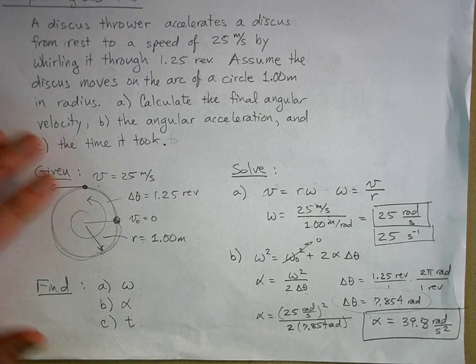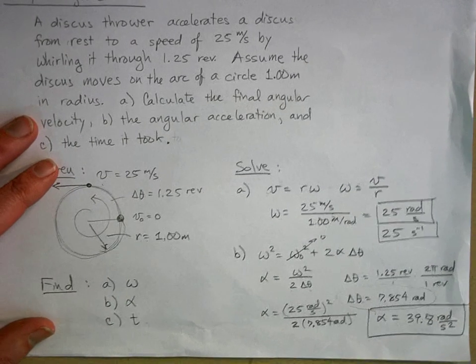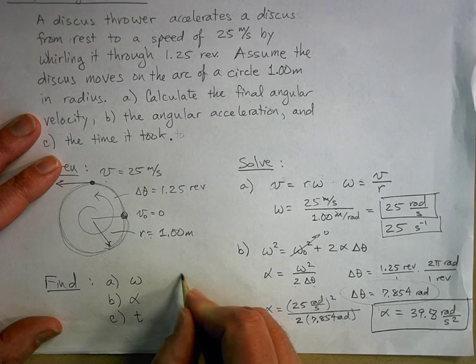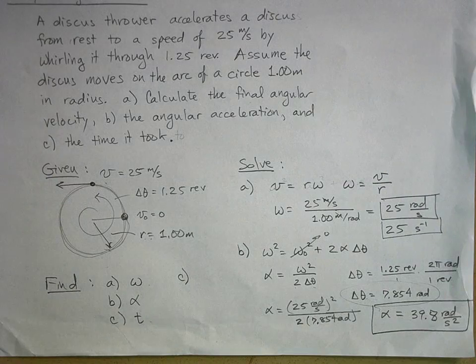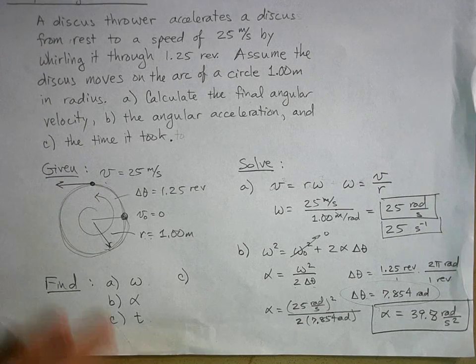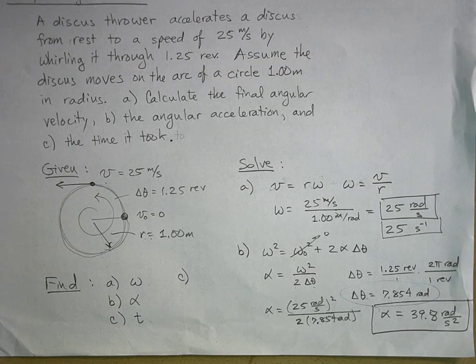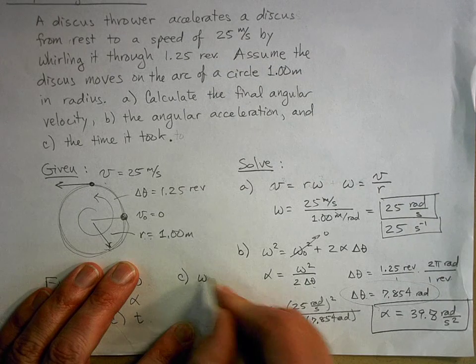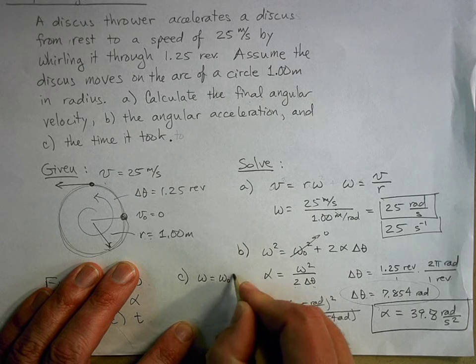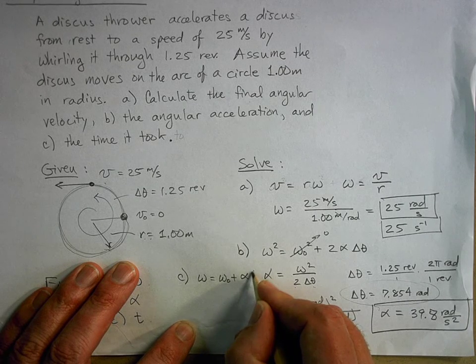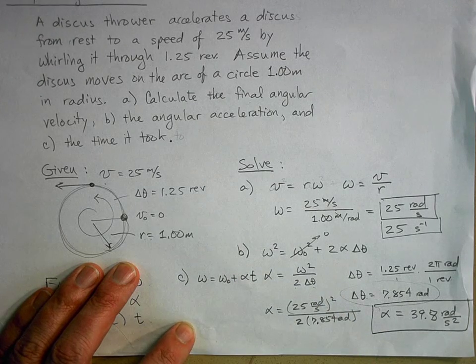Now for part C, you want the time. You can use the first kinematic equation, or you can use the second, whatever you want. You can go omega equals omega naught plus alpha times t.